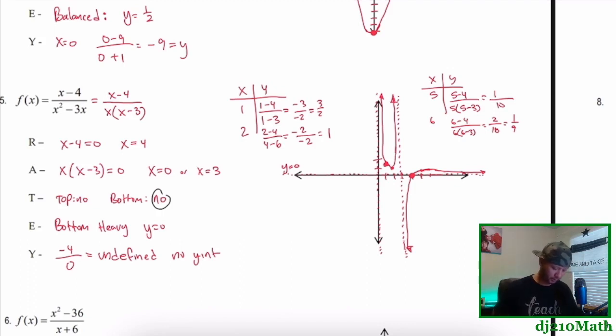And the last branch has to go away from the other branch along that vertical asymptote. And it doesn't cross the horizontal asymptote, right? Because there's only one x-intercept.